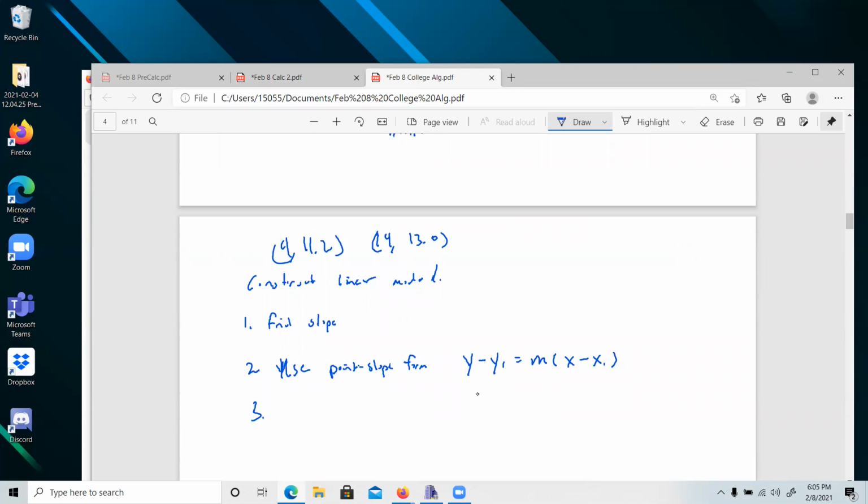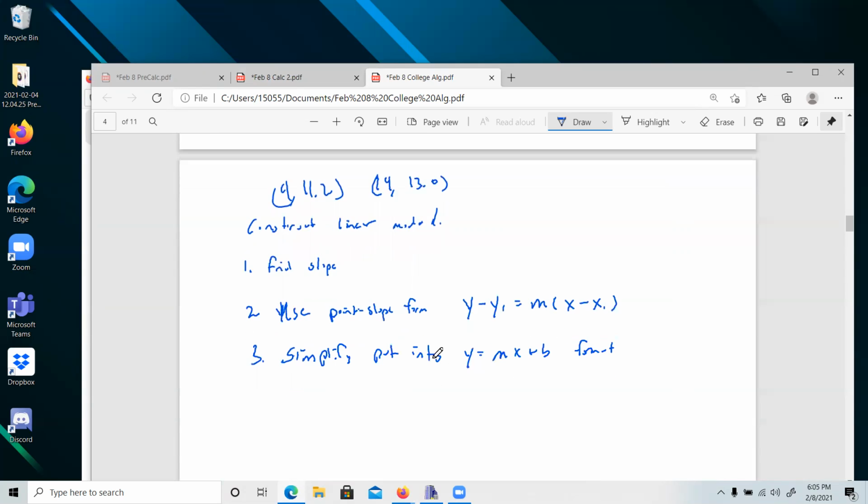And 3 is we're going to simplify this and put it into y equals mx plus b format. Then we can answer the other questions that we have. Generally, when you're given 2 points, this is the procedure.